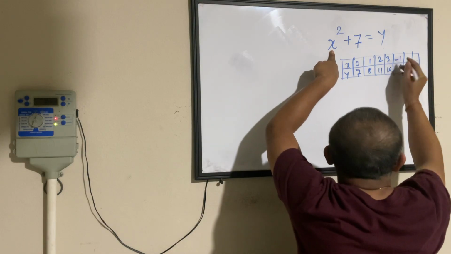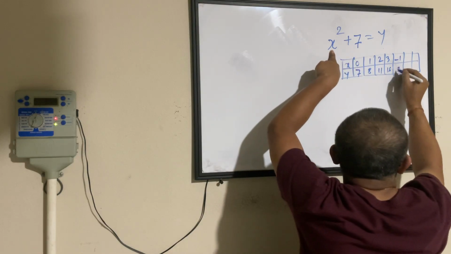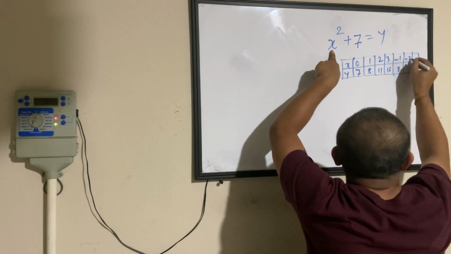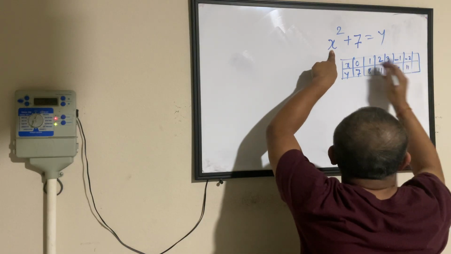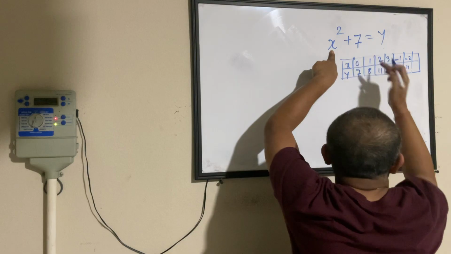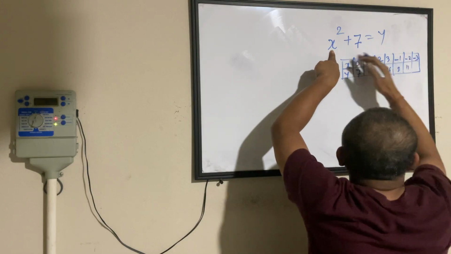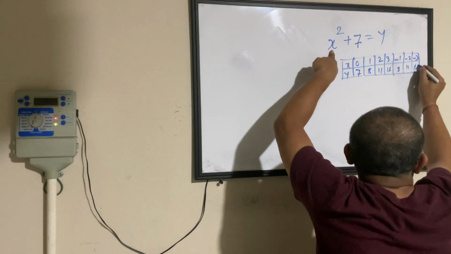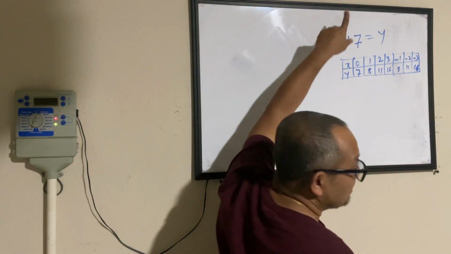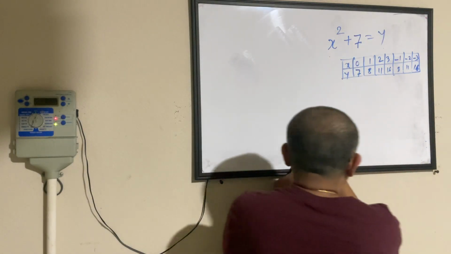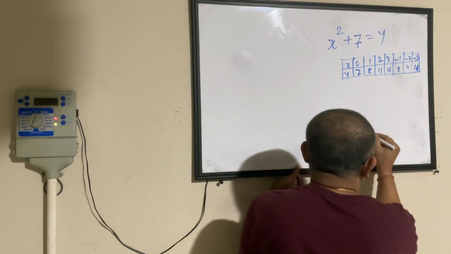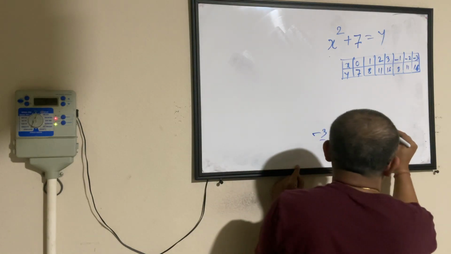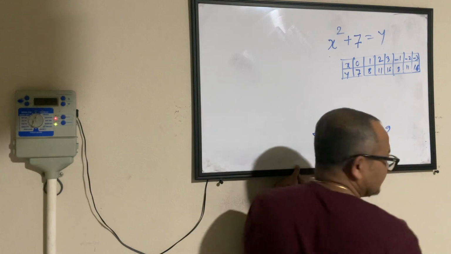Minus 1, same, 8. Minus 2, same, 11. Minus 2 squared will be 4 plus 7, 11. Minus 3, minus 3 squared will be 9 plus 7, 16. Minus 3 into minus 3 is 3 3s are 9, and minus into minus is plus.